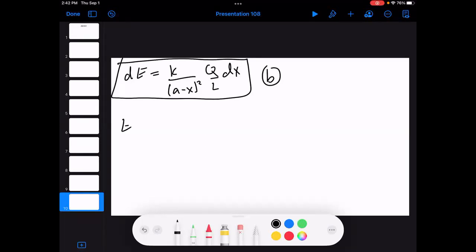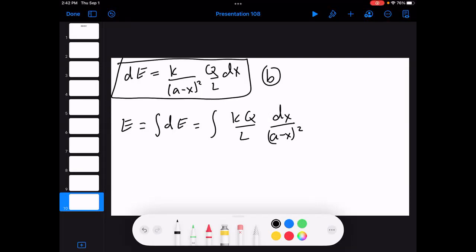So the total electric field, and I'm not going to bother putting a vector because we're not really doing that, is the integral, adding up all the little parts of the field. And so we're going to add up KQ over L dx over A minus X squared.